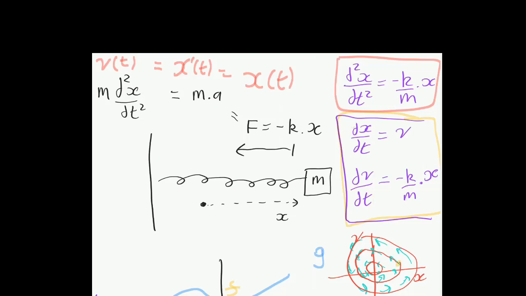So we have these two quantities, the displacement and the velocity, and we have these two differential equations, which are saying how both of these things change depending on the current velocity and displacement.